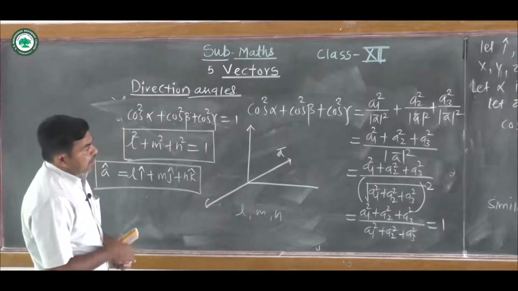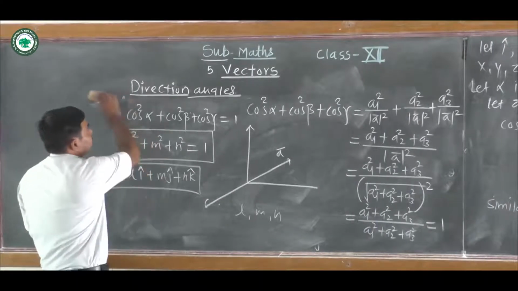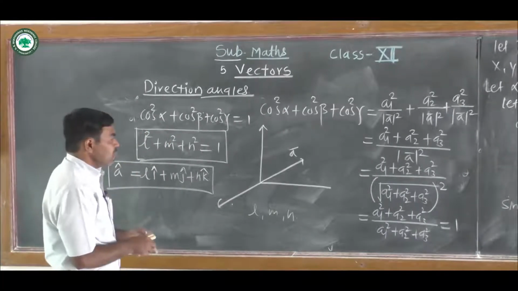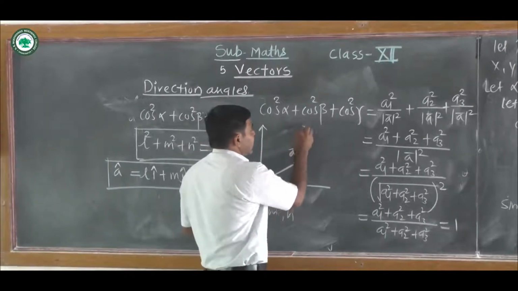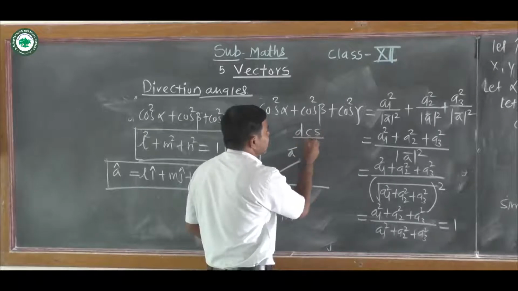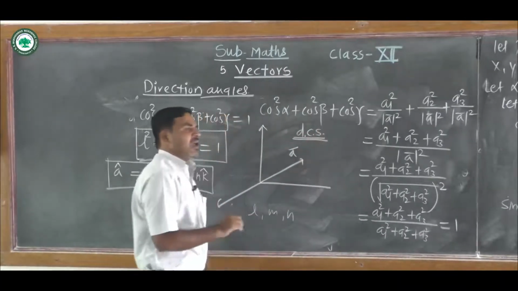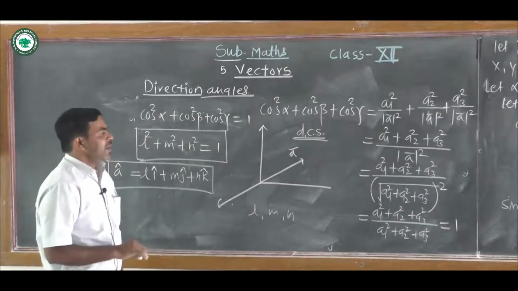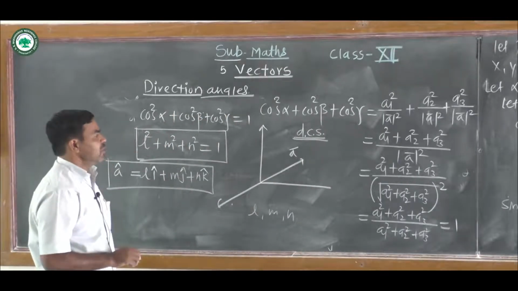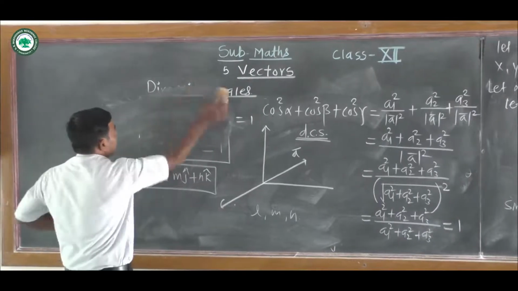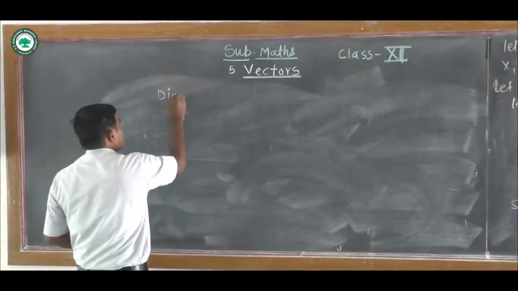Now we see direction ratios. Also, see, direction cosines are in short written as DCs. Direction cosines are also abbreviated as DCs. Now here we see direction ratios.